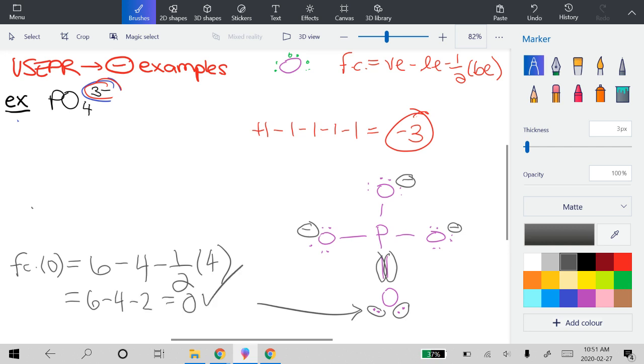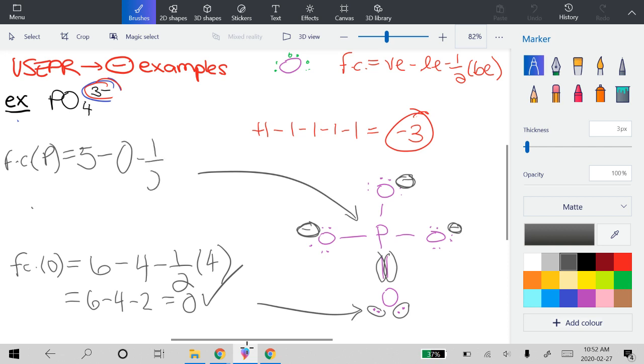That's good. Then let's check phosphorus, which should also have a 0 formal charge, because we just want a -1, -1, -1 to give us the -3 charge on the molecule. Phosphorus is group 5, minus no lone electrons, minus half of 5 bonds with 2 electrons each, so 10 bonding electrons. And that's the 0 back.